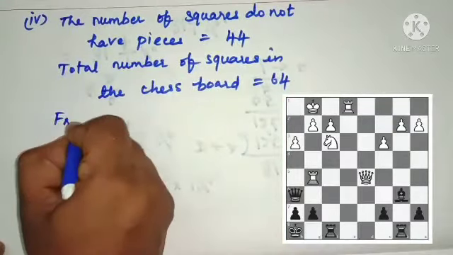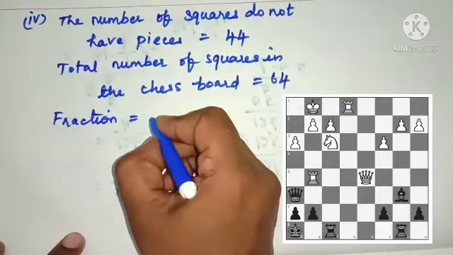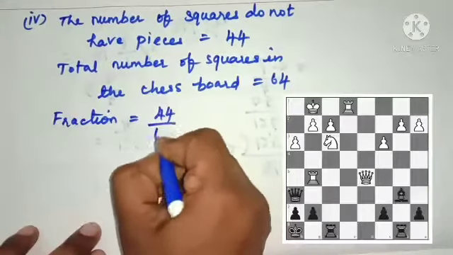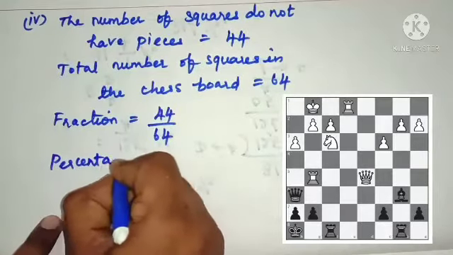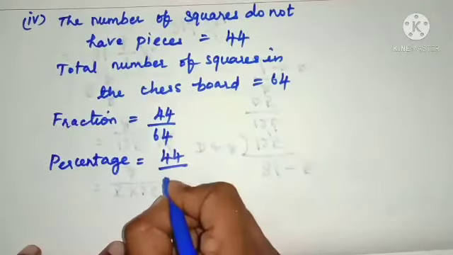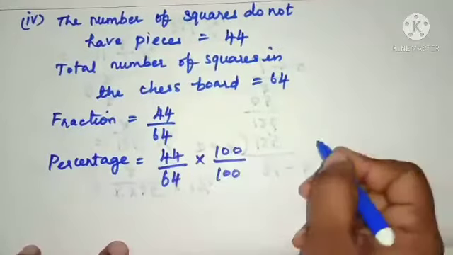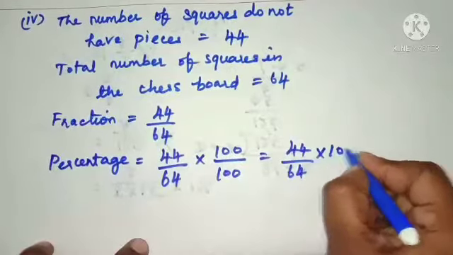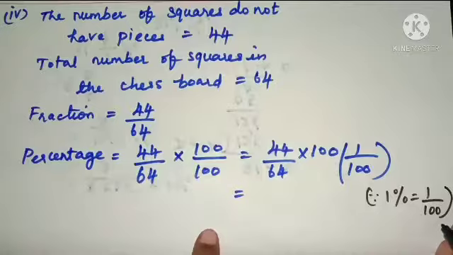First find out the fraction. The fraction of the number of squares that do not have the pieces is 44 by 64. And now let us find the percentage. So what is the percentage? 44 by 64, what do we have to do? Multiply and divide by 100. 44 by 64 into 100 and 1 by 100. 1% is equal to 1 by 100.